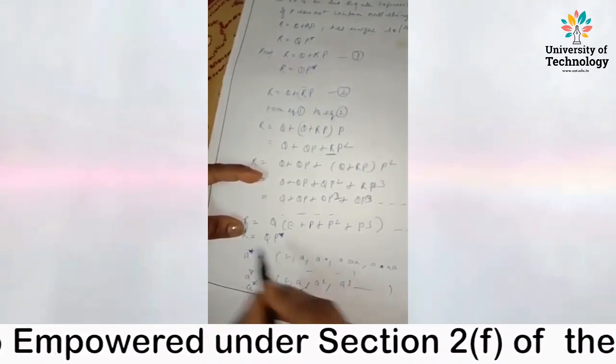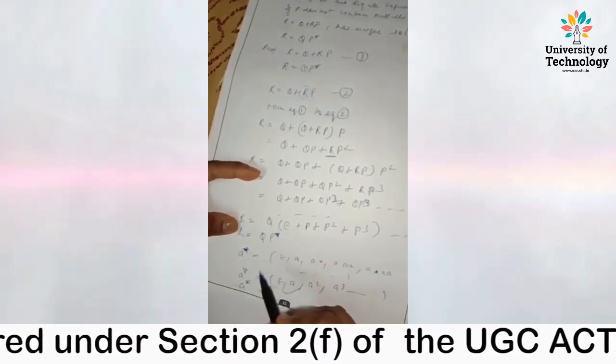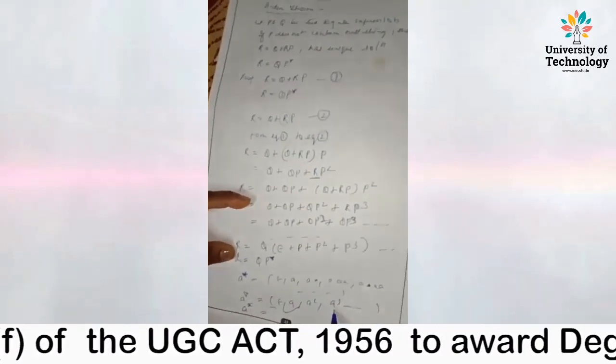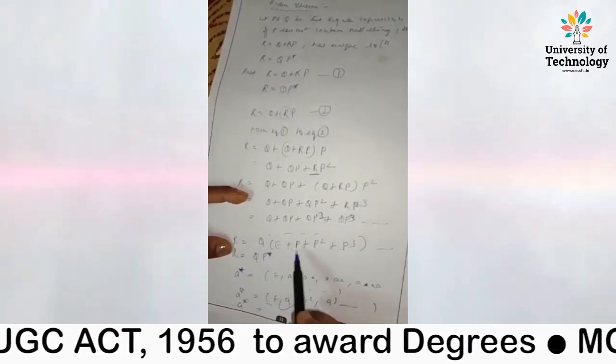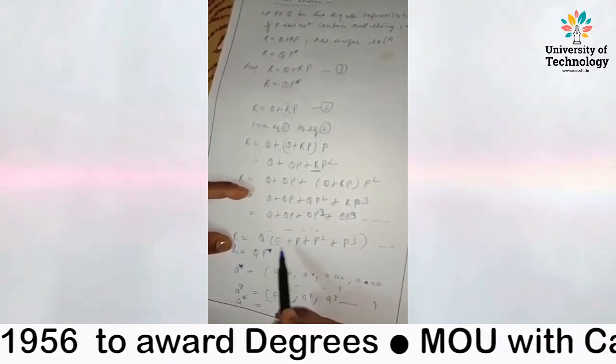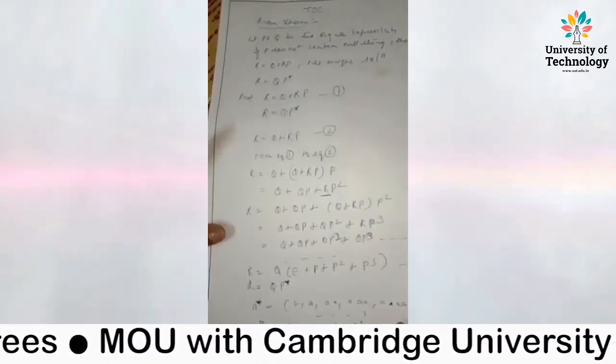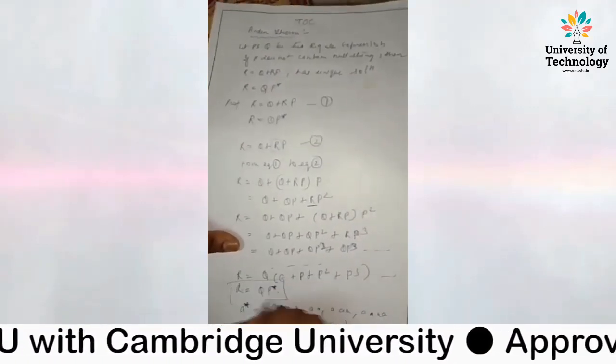So A star is equivalent to this. Similarly, if you compare this equation with this, since A Kleene closure is equal to epsilon plus A plus A square plus A cube, here instead of A, P is there: epsilon plus P plus P square plus P cube. So it can be written as P Kleene closure, right? So hence it is proved.